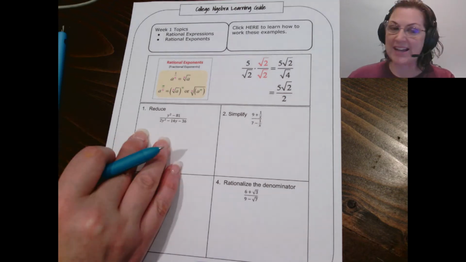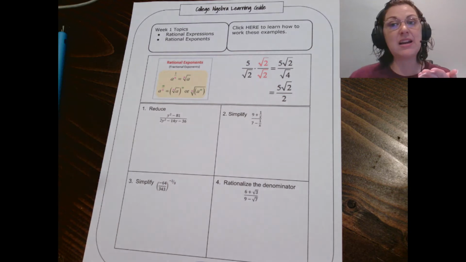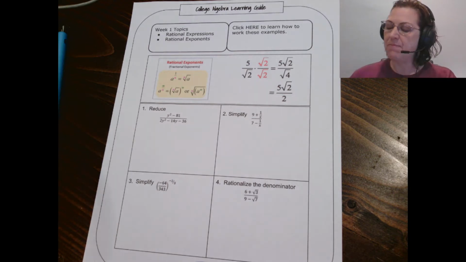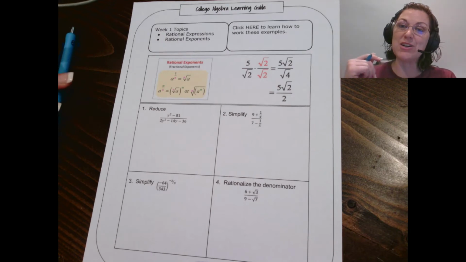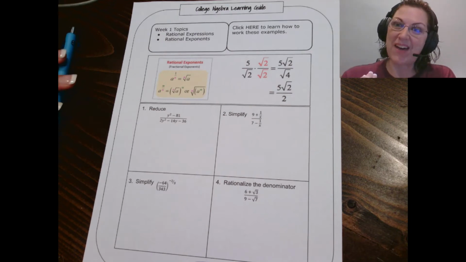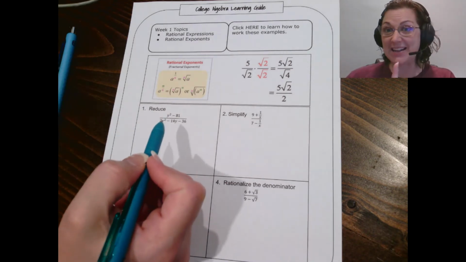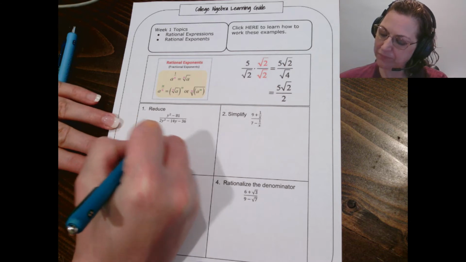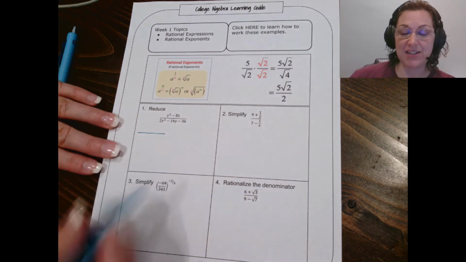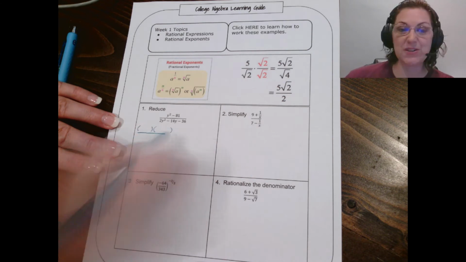So number 1 asks us to reduce. Now reduce is another word for simplify. But when we see these expressions in our numerator and our denominator, I want you to think about factoring. You'll remember from our previous video that we had a difference of 2 squares. The numerator is a difference of 2 squares.